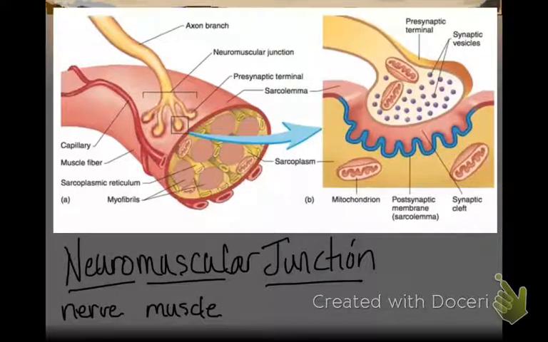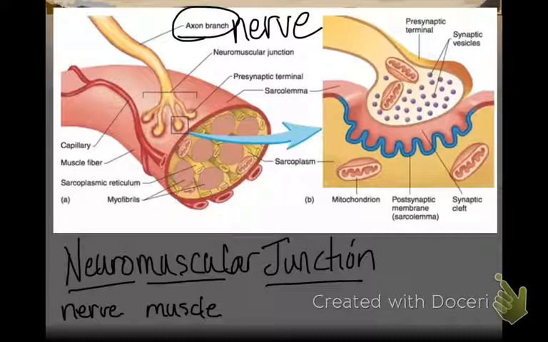So, the neuromuscular junction is the point where a nerve ending comes in very, very close contact with the muscle cells, but they don't actually touch. So here we have one nerve, and the neuromuscular junction is all of the myofibrils that are being innervated and touched.